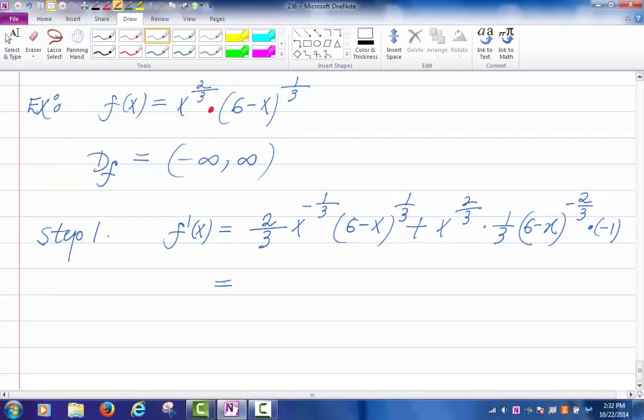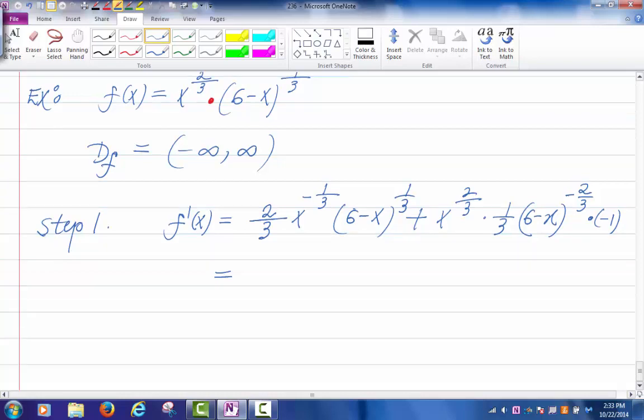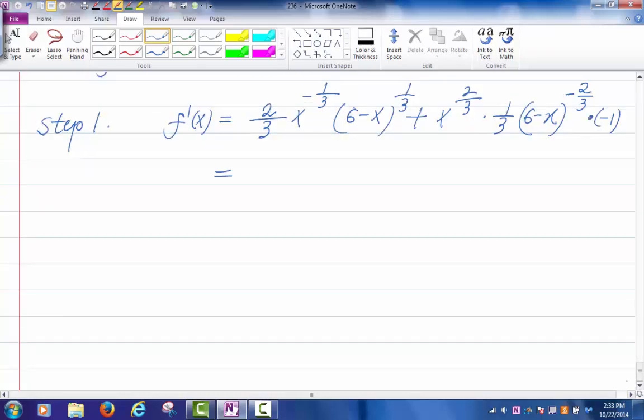There are a couple of different ways of going about it. Some people will just factor out the negative exponents. Or another way of doing it would be, first of all, write this first term as 2 times 6 minus x to the 1/3 divided by 3 times x to the 1/3.